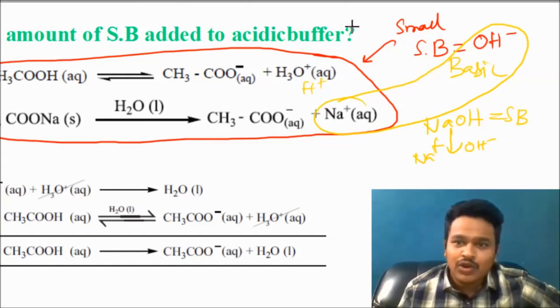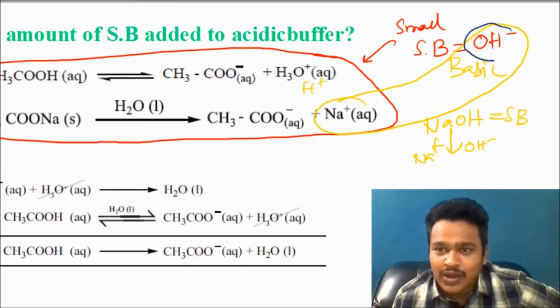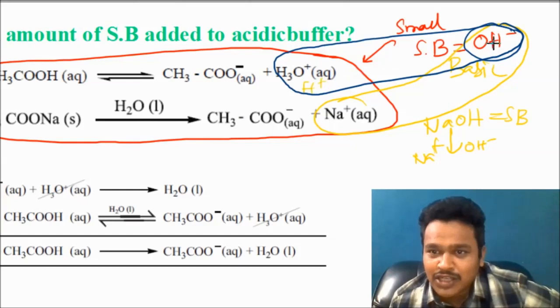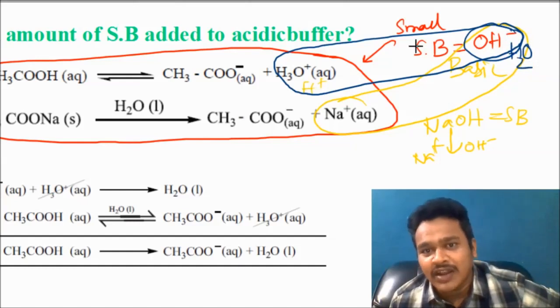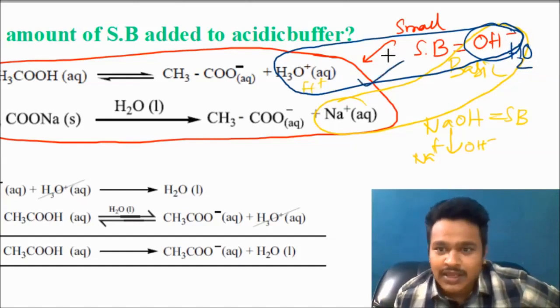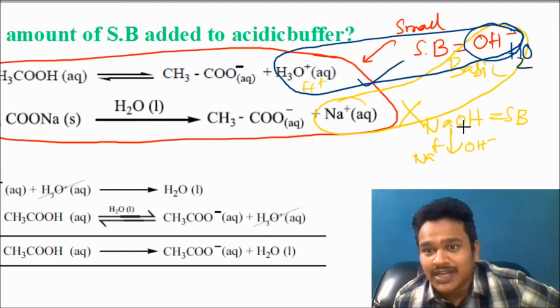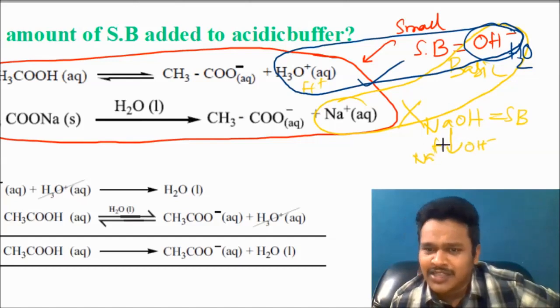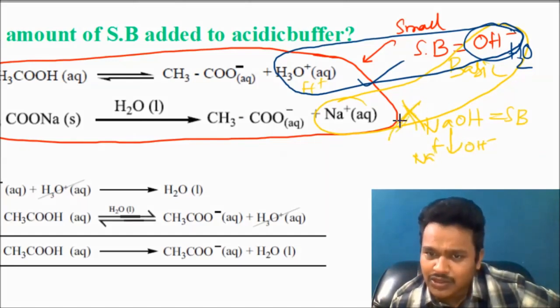The expected product is NaOH, and NaOH is a strong base, dissociating very fast into Na plus and OH minus. That is why the same ions only come again. It is useless and meaningless.